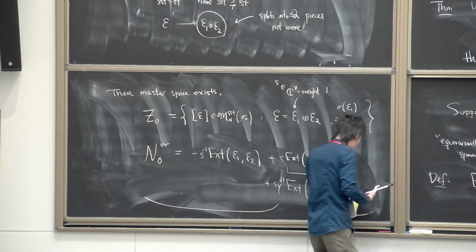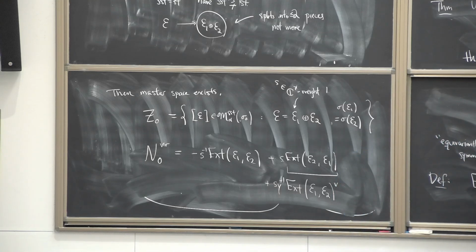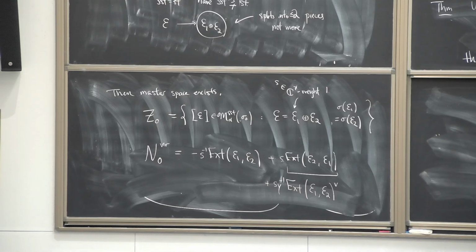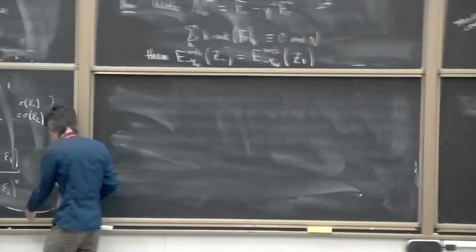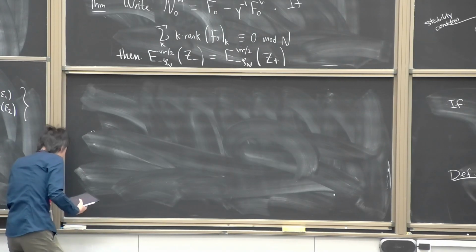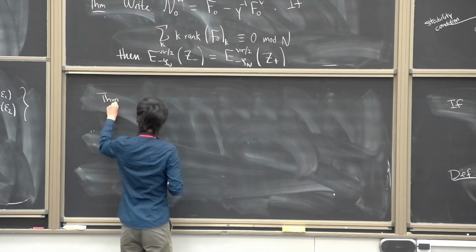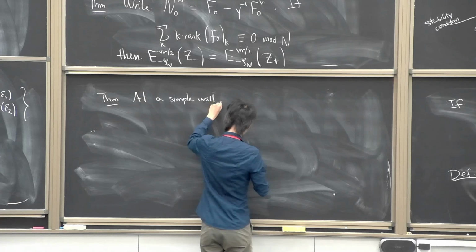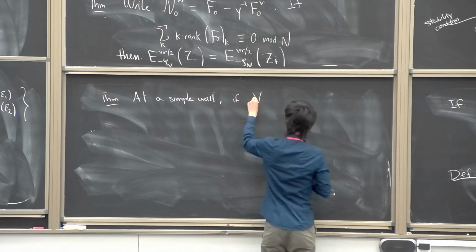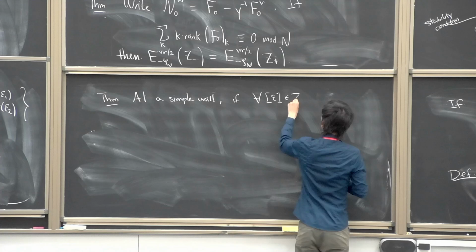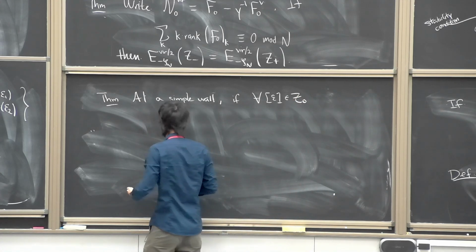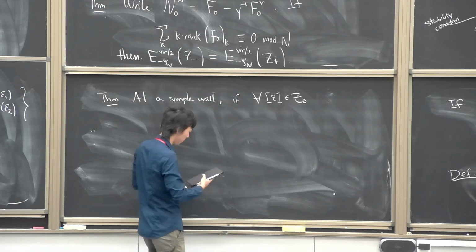And so a simple application of the theorem will tell you the topological criterion which you need. So at a simple wall, for all E which appear in the complicated locus, but actually usually you can't control which sheaves appear there, so you try to satisfy this for all sheaves E that you're thinking about.